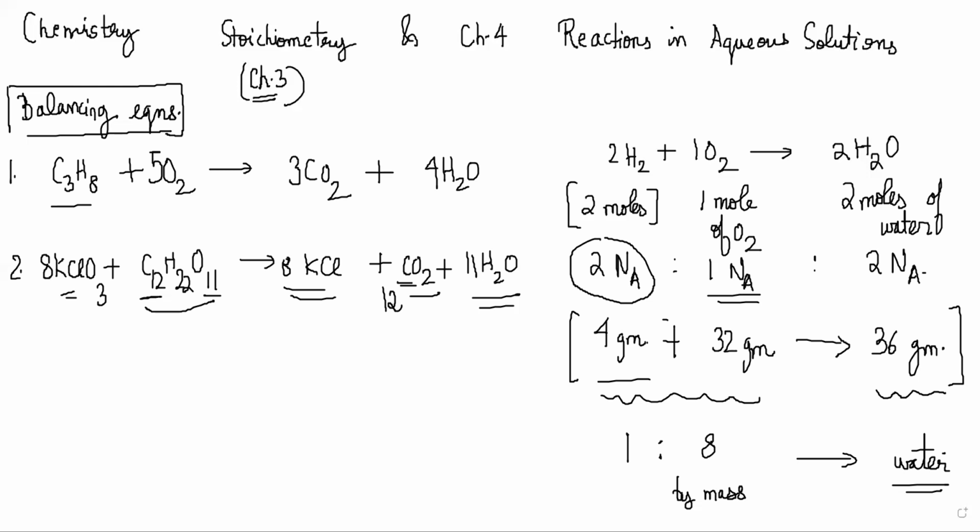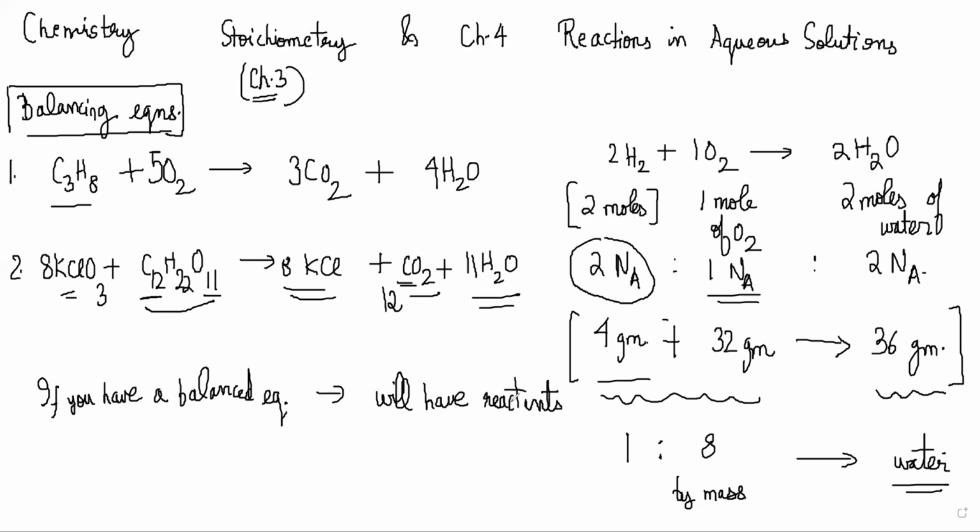So this is just telling you that if you have a balanced chemical equation, then any reaction that takes place will have reactants and products in the same ratio as the coefficients in that balanced equation.